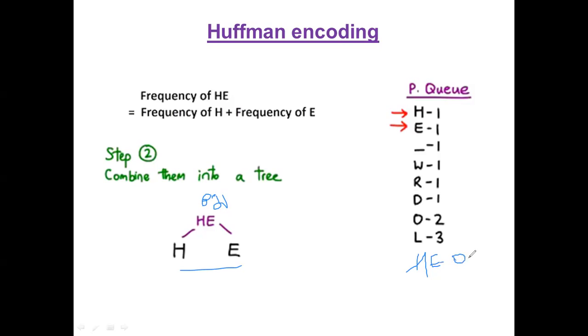Then we should combine them. The frequency of HE is the frequency of H plus the frequency of E. So this becomes 0.2, where H is 1 and E is 1, and together that becomes 2.